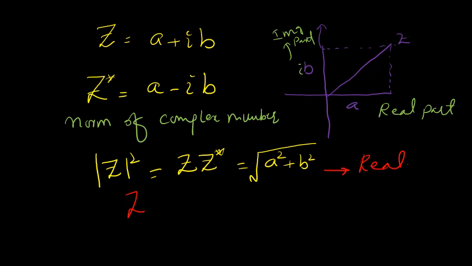So the norm squared of a complex number is real. This is very important.